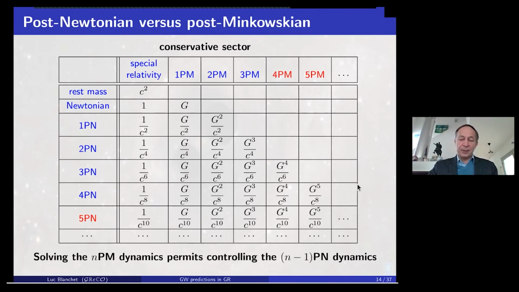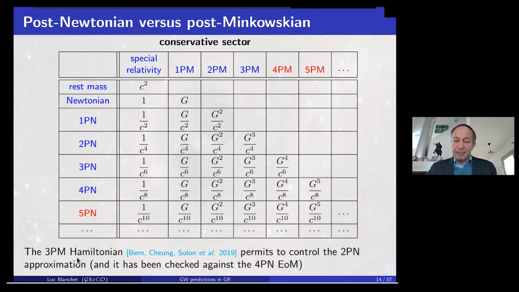For instance, the 3PM Hamiltonian, which is probably still the state of the art on post-Minkowskian approximation, was done in the group of Bern a few years ago, and permits to control the 2PN approximation fully. It has been checked against the known equations of motion at 4PN order for all the terms up to G cubed.